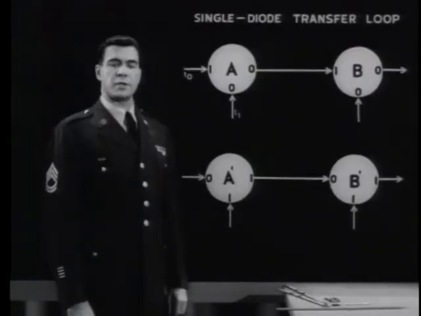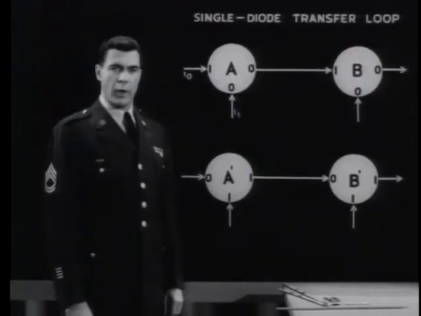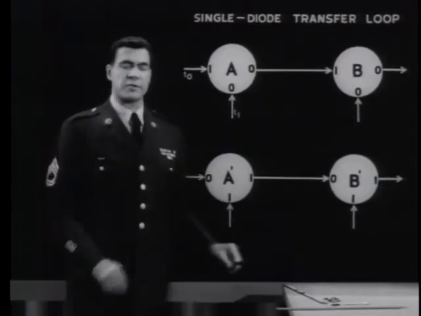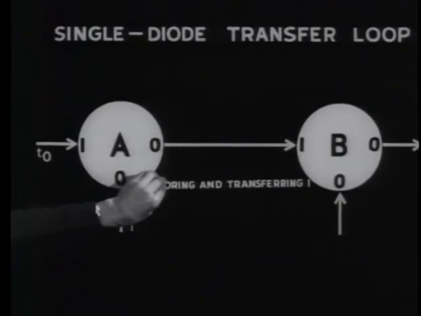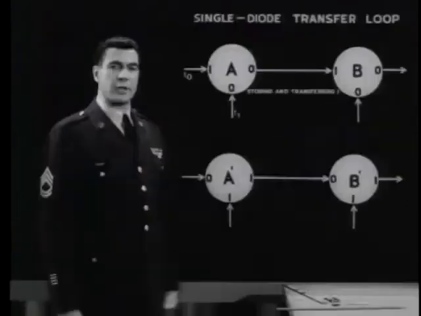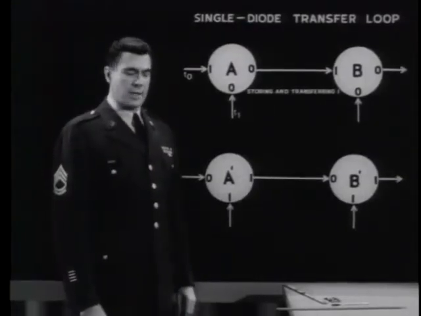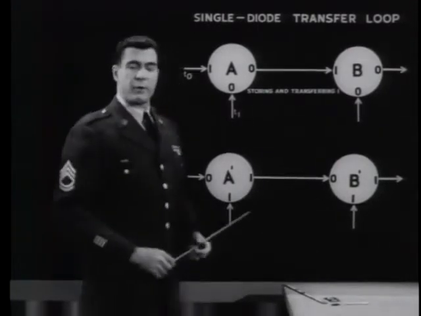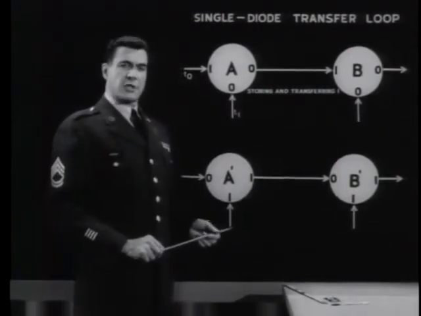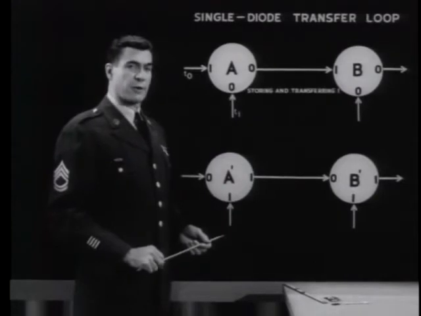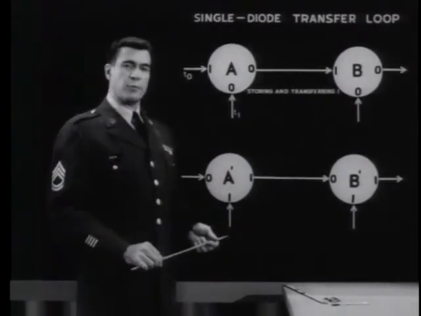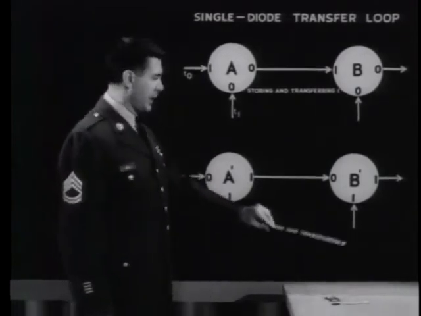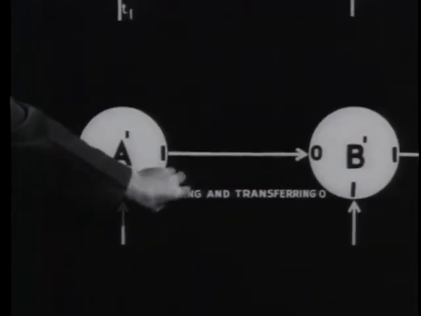We have used the single-diode transfer loop two ways. First, we were storing a binary 1 in core A and transferring it to core B. Second, by reversing the diode and changing the input to and the transfer from core A prime, we used the loop for storing and transferring a binary 0.